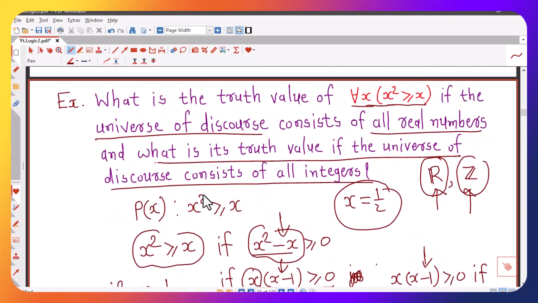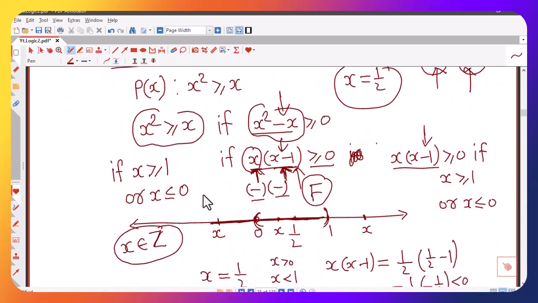If the domain is this set of integers, then this is always true, because this is true if x is greater than or equal to 1, that is 1, 2, 3 and so on, or if x is less than or equal to 0, that is 0, minus 1, minus 2, etc.